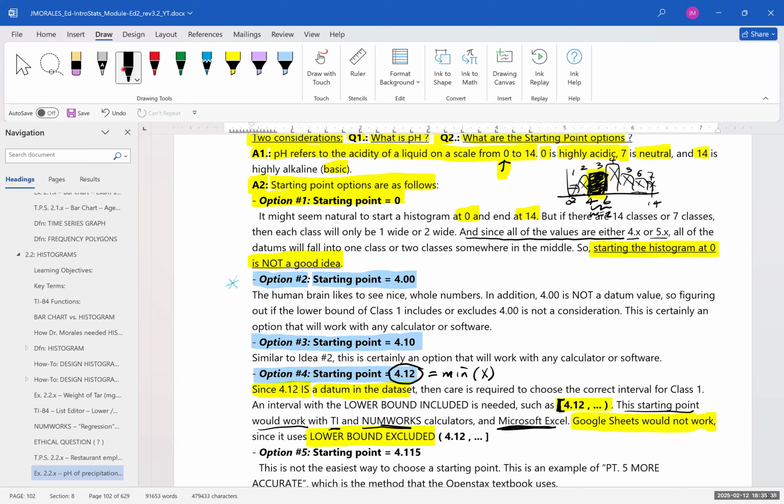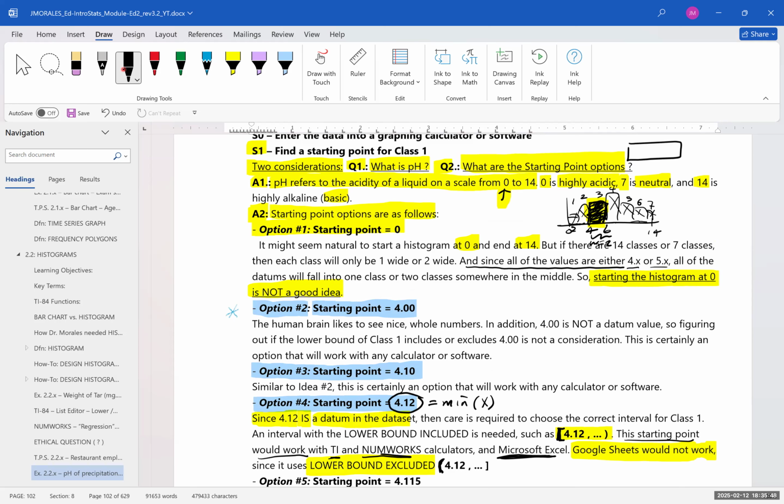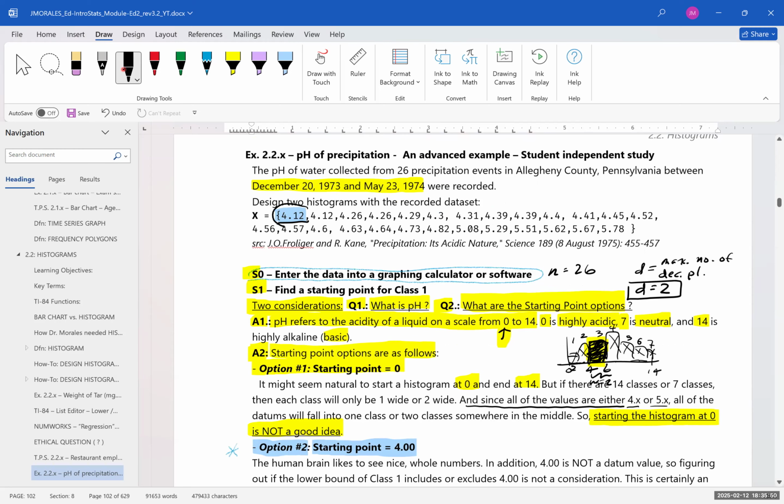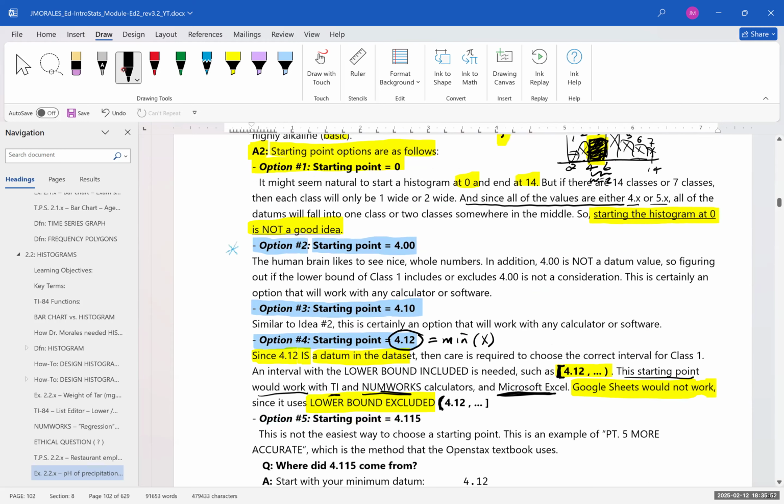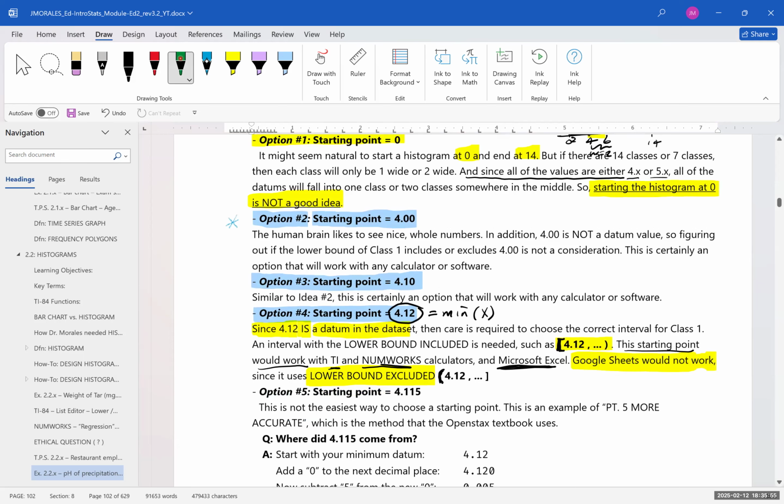If you chose 4.12 as a starting point, Google Sheets would not include 4.12, and you would be leaving out this data. Okay, so this one is questionable as to whether you would use it. I would say yes, if you're using your calculator or if you're using Excel, but no if you're using Google Sheets.